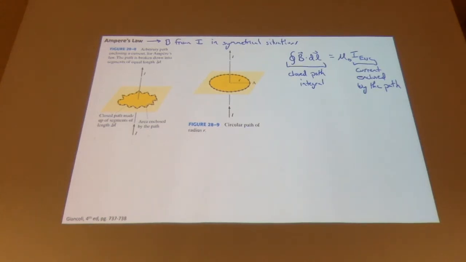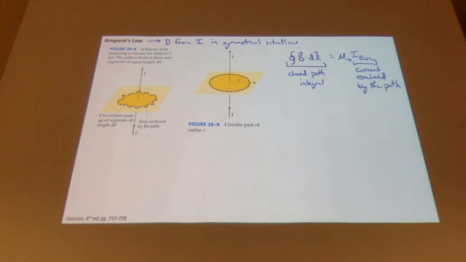There's the equation. We're going to talk about it a good bit. We're going to do two examples, and then it's going to end up in another place as well where we get to practice it, but by that point we'll be talking about something else. Closed path integral B dot dl is equal to mu naught times I enclosed.